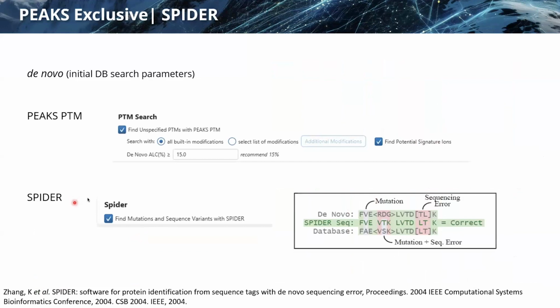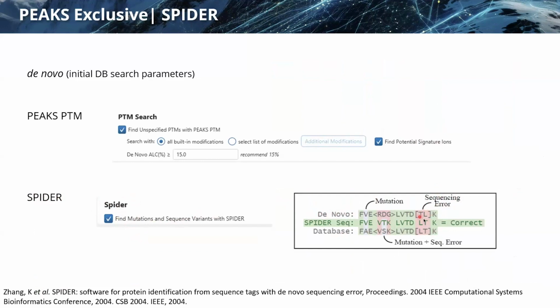In a similar fashion, SPIDER works. So our SPIDER algorithm can also be checked off, and it will actually look at the de novo sequencing tag as well as the database peptide, and it will be looking for a couple of things. One is the sequencing error, which essentially happens when you have those missing fragmentations.